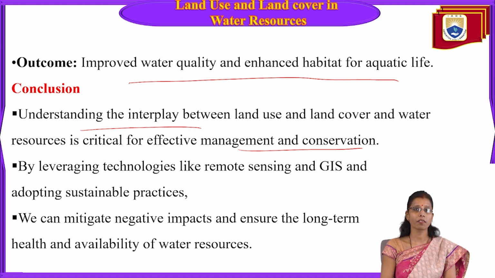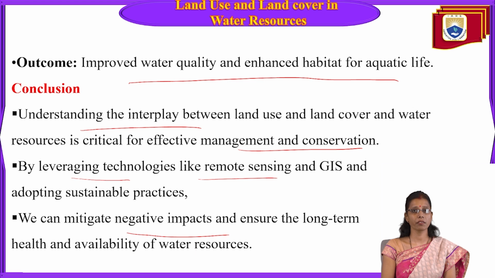By leveraging technologies like remote sensing and GIS and adopting sustainable practices, we can mitigate the negative impacts and ensure the long-term health and availability of water resources. So this was about land use and land cover in water resources.